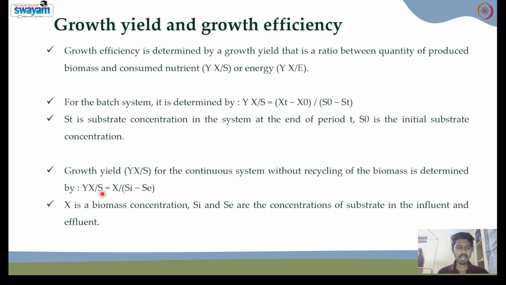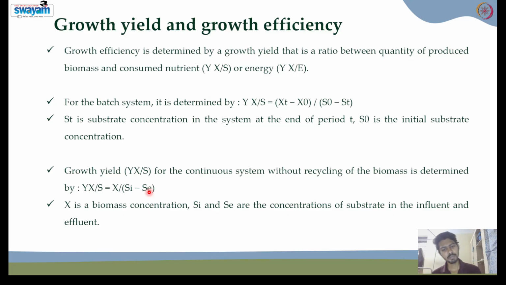That is why the formula becomes YXS equals X divided by Si minus Se, because initially we don't see that many cells, right? So X is the final biomass concentration, and Si and Se refer to the incoming substrate, the influent, and the outgoing substrate. Why incoming and outgoing?